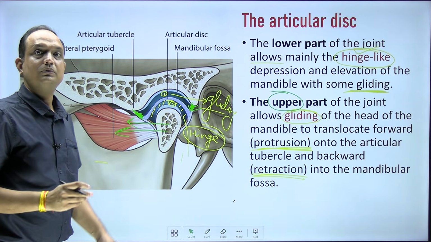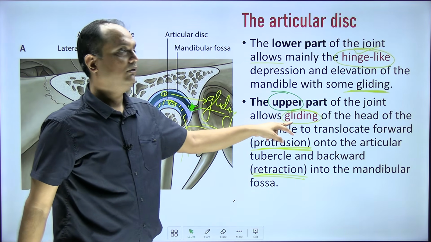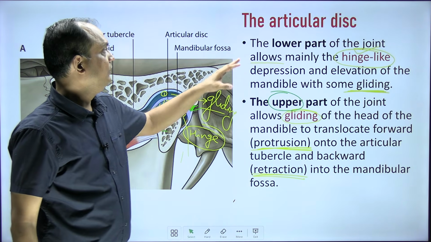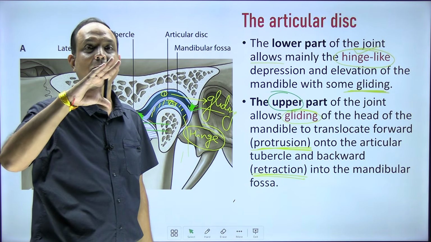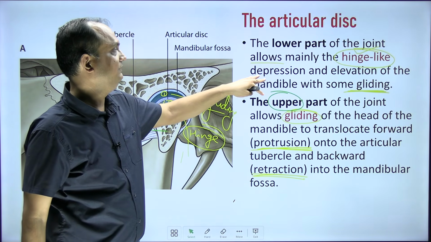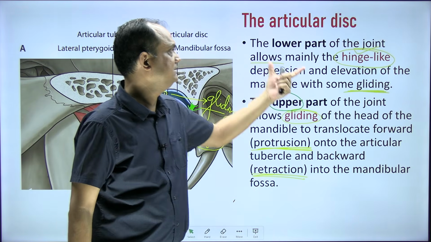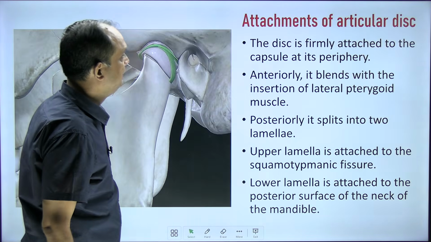The loose attachment allows stretching of the capsule. Clear? So the upper compartment allows gliding because of the loose attachment of the capsule. The lower compartment mainly allows the hinge type of movement like opening and closing of the mouth, that is elevation and depression, along with some gliding, but this is possible because of the tight capsule in the lower compartment.